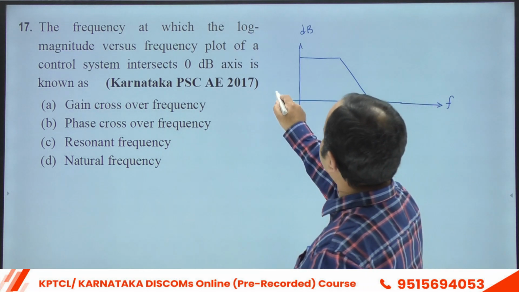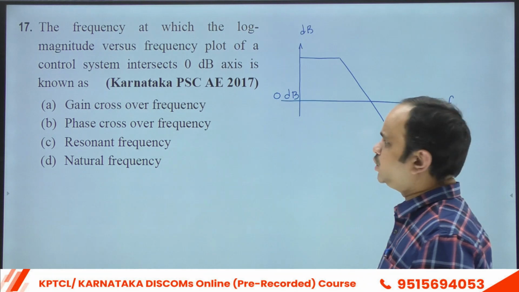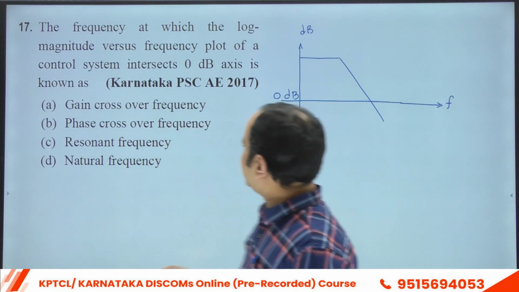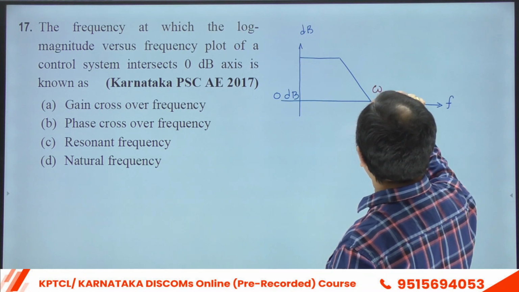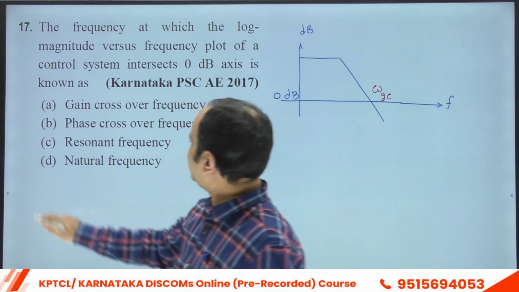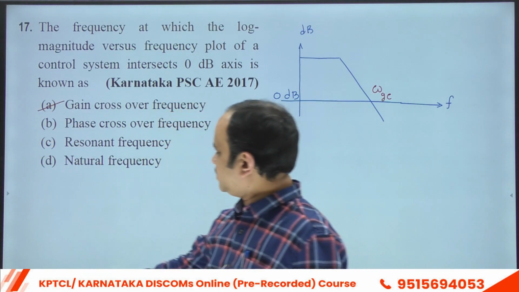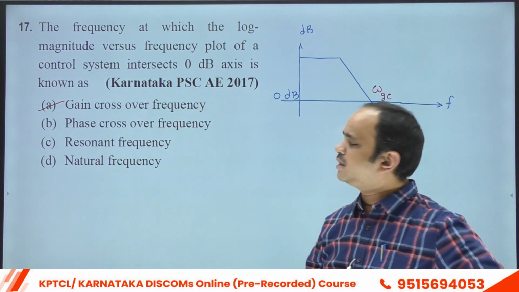It meets the 0 dB line. What is this frequency called? This frequency is called gain crossover frequency. Therefore this is the answer, option A. That is the basic definition of gain crossover frequency.